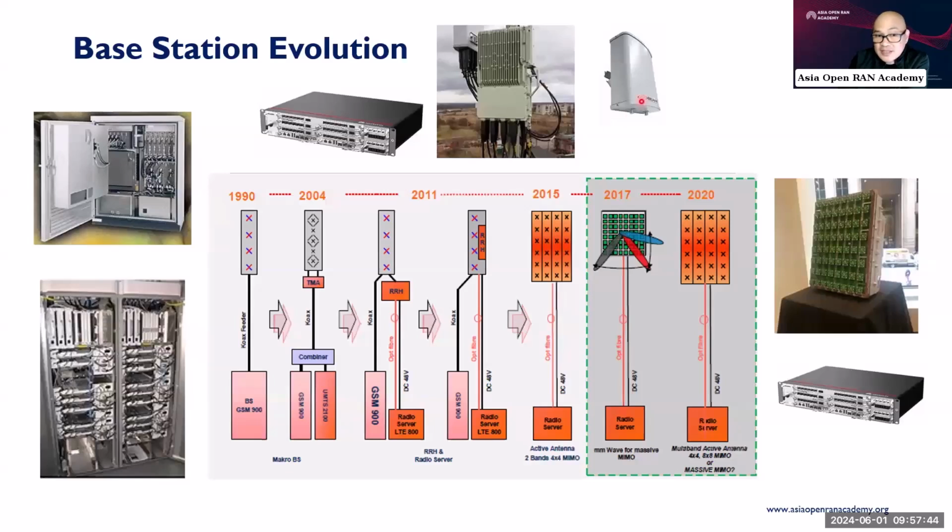And now the antenna system also evolved. Previously, one band antenna, for example, there's a single band antenna that works only for example 900 megahertz or 1800 megahertz. So these antennas are separate to each other physically. That's why the towers are crowded with different types of antennas.